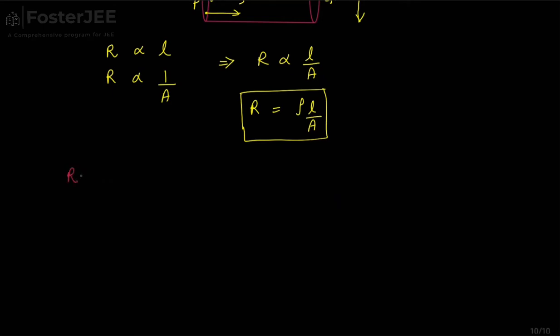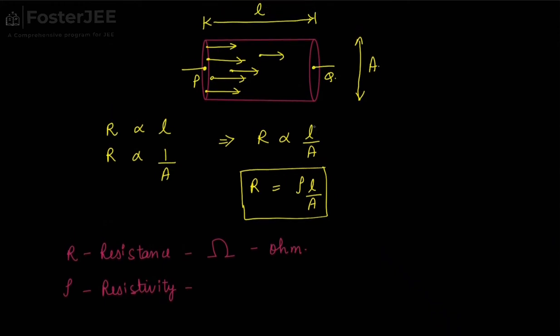Here R is the resistance, denoted by the capital letter omega, and its SI unit is ohm. Rho is the resistivity, and it is the property of the material, and it is independent of the shape and size of any body, whereas resistance R depends upon the length and the cross sectional area, that is, it depends upon the geometry of the material.